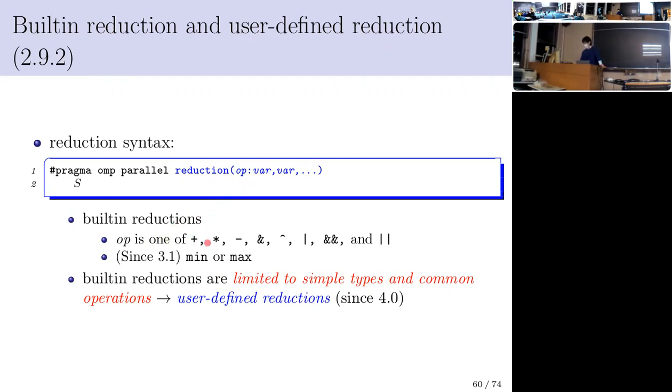But they are just plus, multiplication, minus, ampersand, something like that. And you can also have minimum and maximum. These are already useful, especially since plus happens so frequently in your program. But built-in reductions are limited to simple types like integers, floating point numbers, and very common operations.